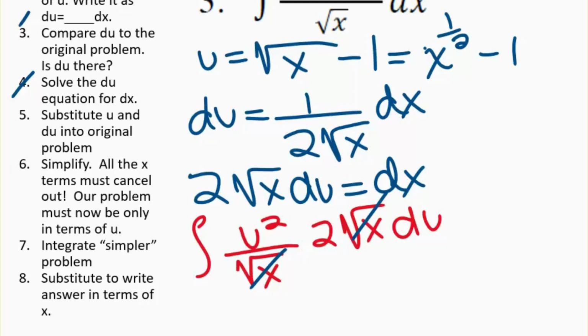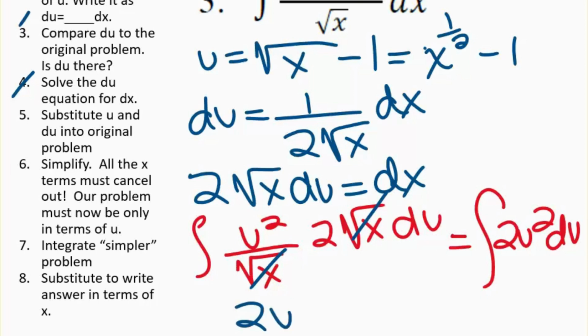Our square root of x's cancel out. We have the integral of 2u squared du. Using our basic integration rules, the integral of that would be 2u to the third power divided by 3 plus c.